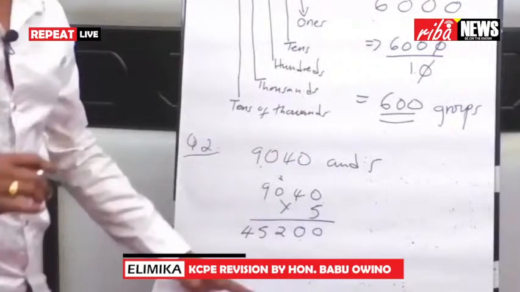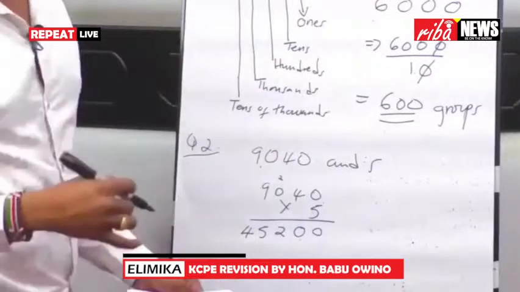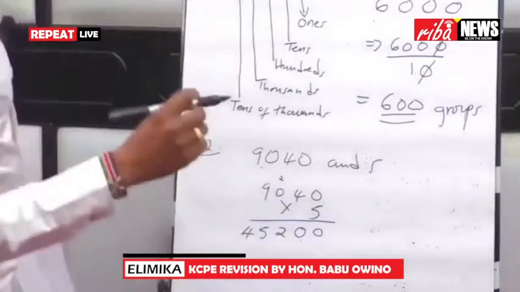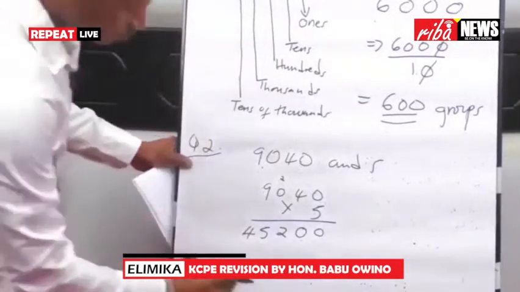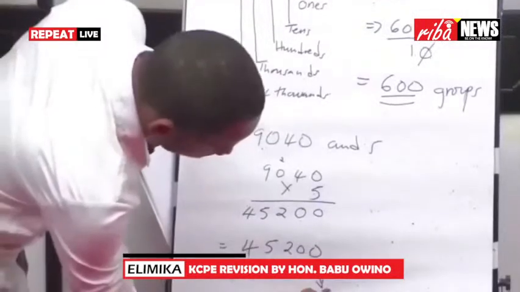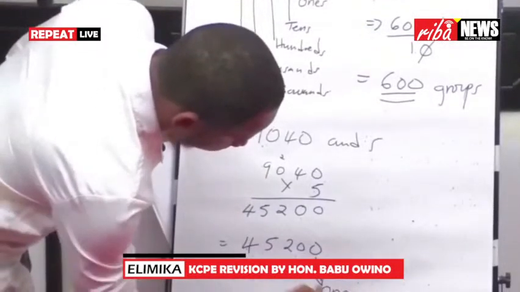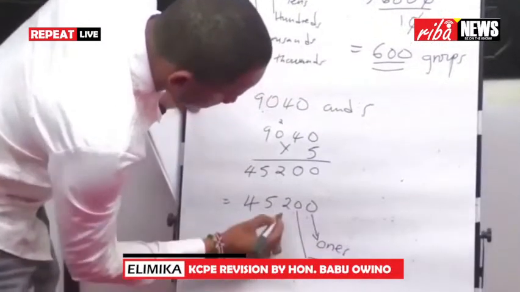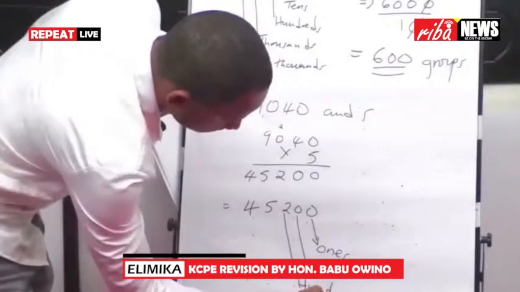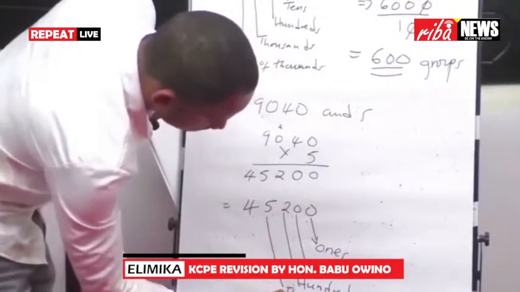Therefore, go back and read the question. The question now is asking, what is the place value of digit 2? So you place these ones. So the first value here is ones. The next value is tens. The next value is hundreds. The next value is thousands.